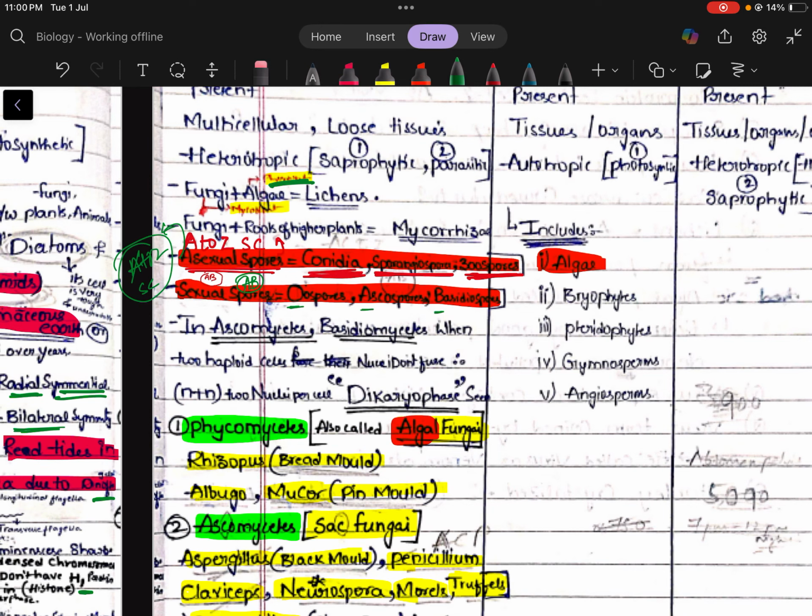Then you can simply say oospores, ascospores and basidiospores are the examples for sexual spores. For asexual spores, the hint is A to Z SC: Z for zoospores, S for sporangiospores, C for conidiospores.